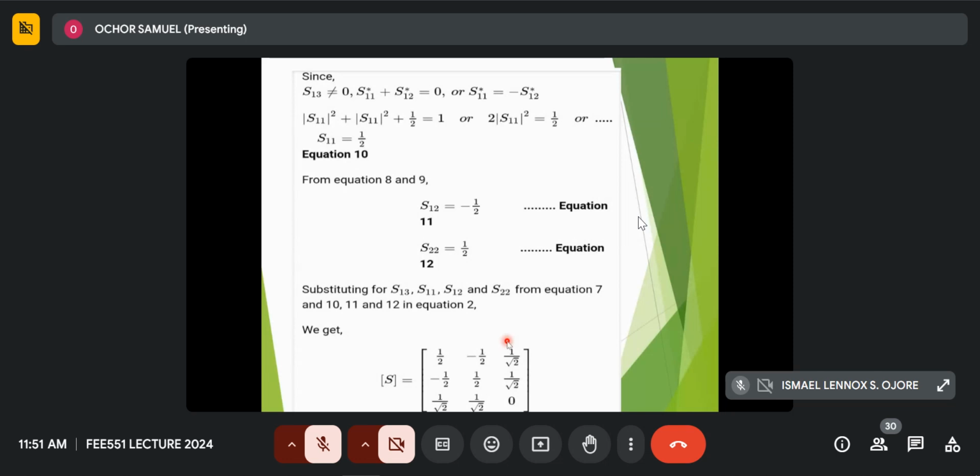For example, if you have your source and you want to send that microwave to the antenna, where there are bends, you have to direct that microwave through the bends, and that is why we use those T connectors. Okay, next.